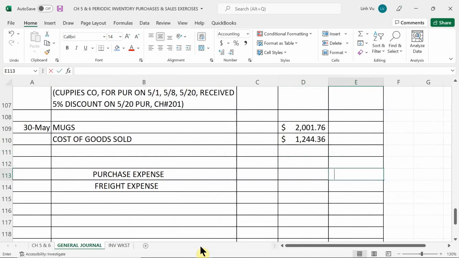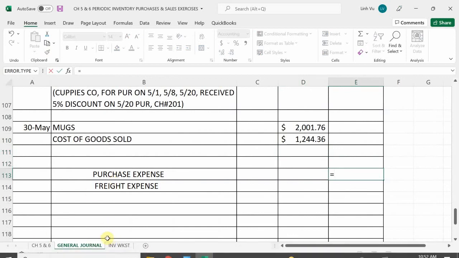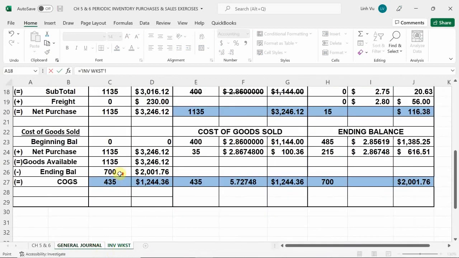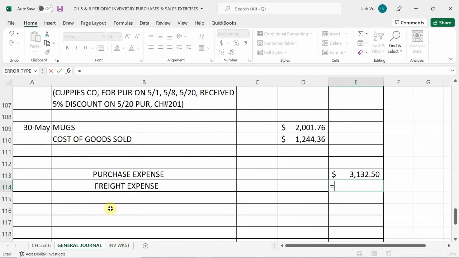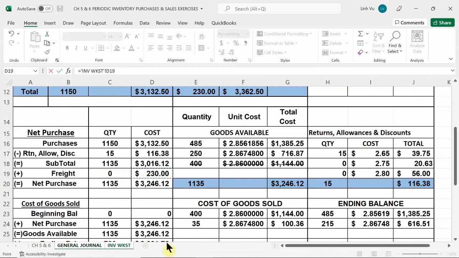What was the total amount of your original purchases? $3,132.50. And what was your total amount of freight? $230.